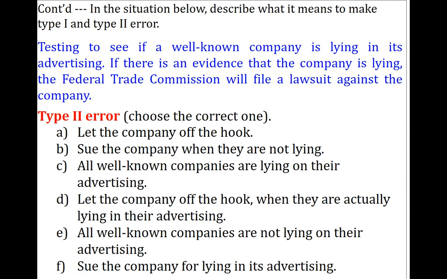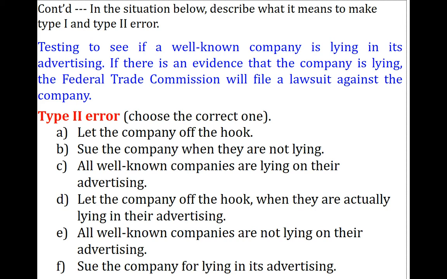Continue the situation. Now let's talk about the same exact thing, but it's a type 2 error. Remember, in a type 2 error, we're looking for the failure to reject the null hypothesis. We miss. So we need to look for the one that says, I'm going to let them go because I don't believe they did anything wrong, but they're a bunch of crooks.